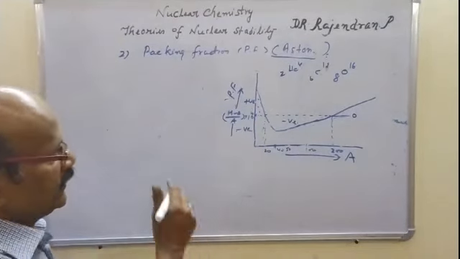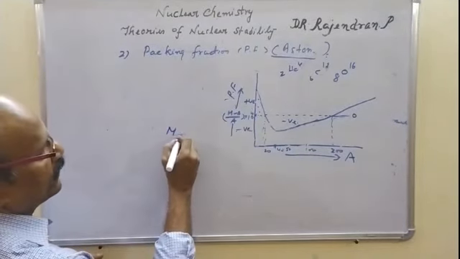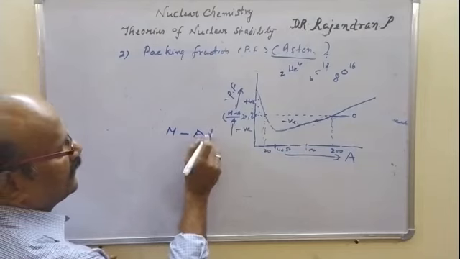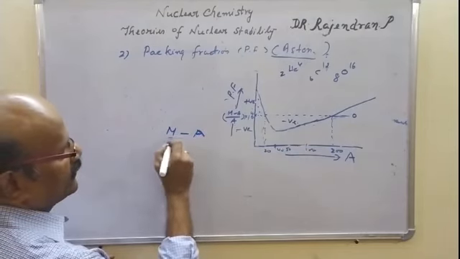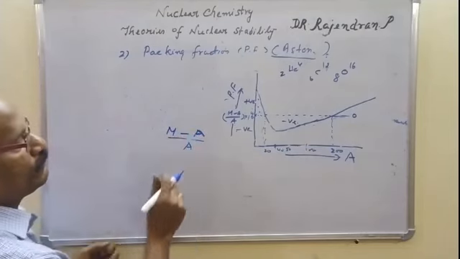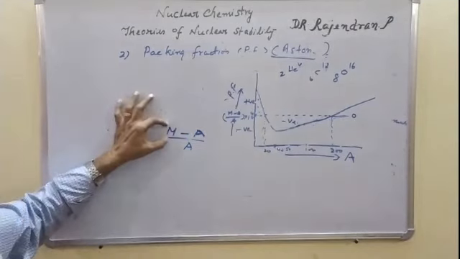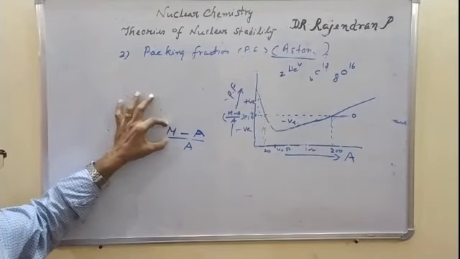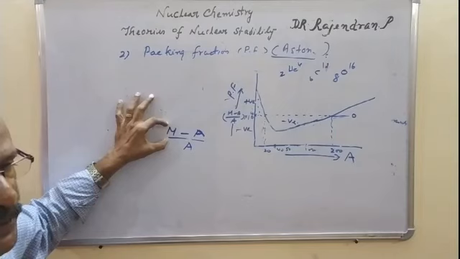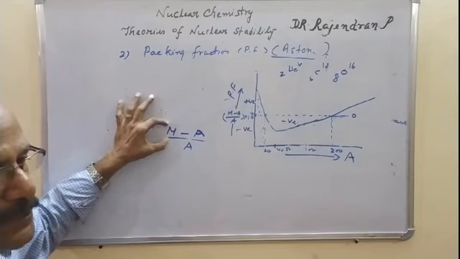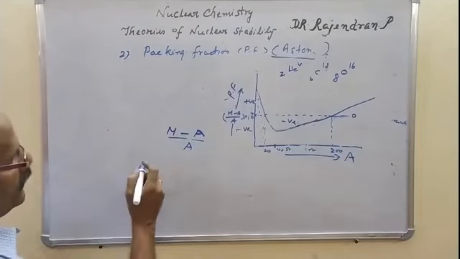So the actual mass M becomes lesser than A, so M minus A becomes negative. This M becomes less because the mass that is lost during the packing of that particular nucleus is released in the form of energy.